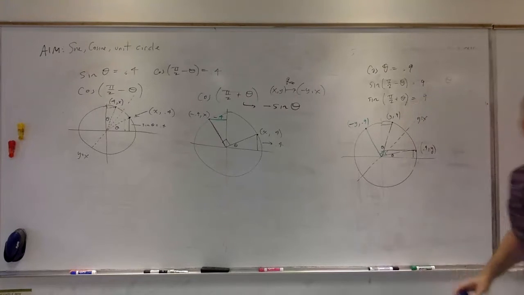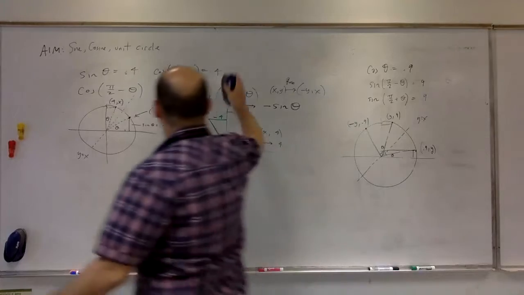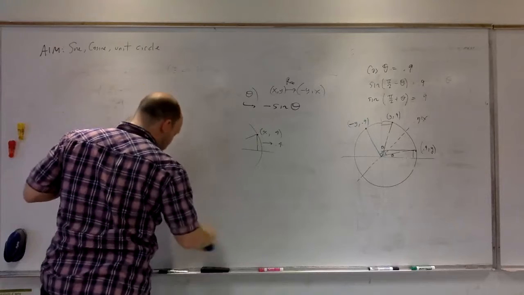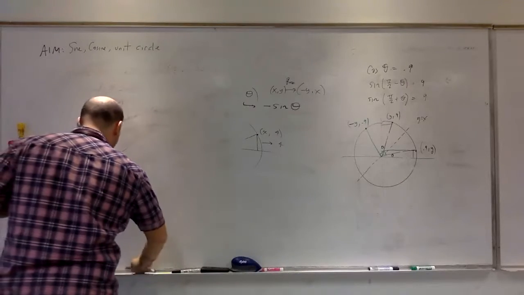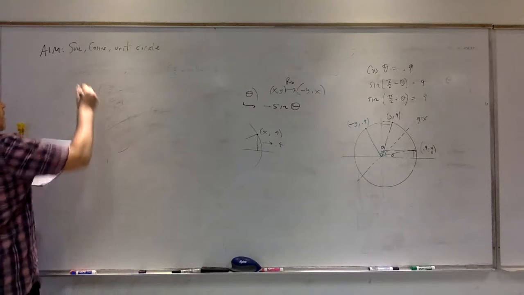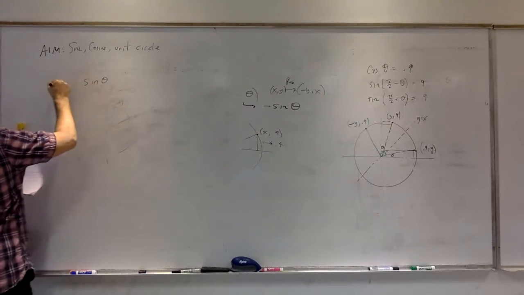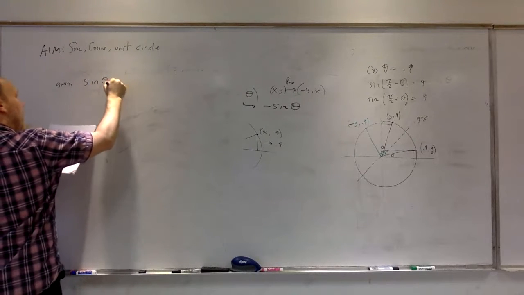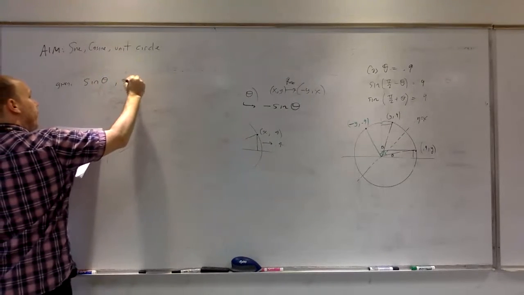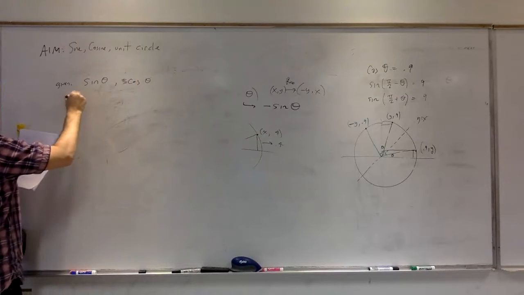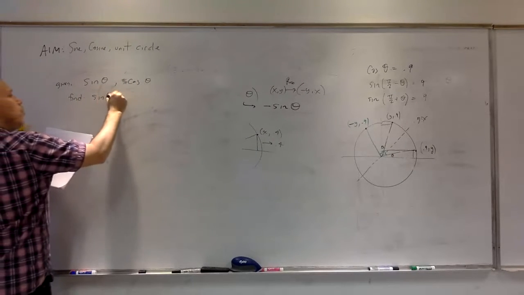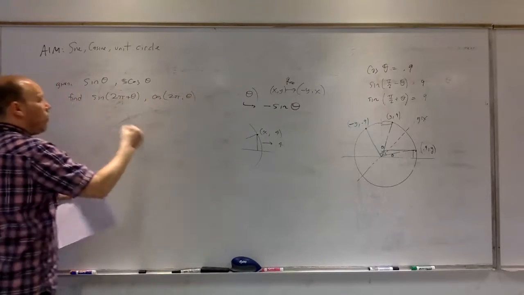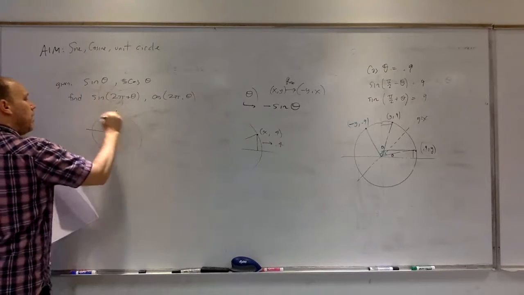Let's move on. Go to the last part. If I ask you on the unit circle, given sine of theta and cosine of theta, find sine of 2 pi plus theta and the cosine of 2 pi plus theta, and you look at this and you go, oh, you know what?